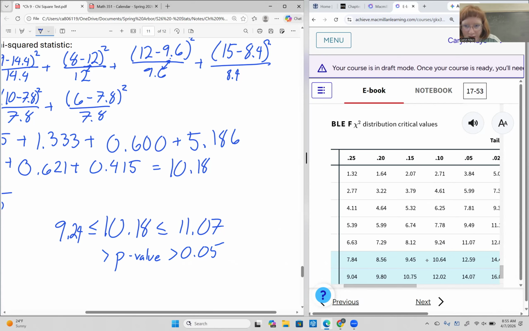And 9.24 goes with a tail area of 0.1. If we use the significance level of 0.05, is our p-value bigger or smaller than 0.05?